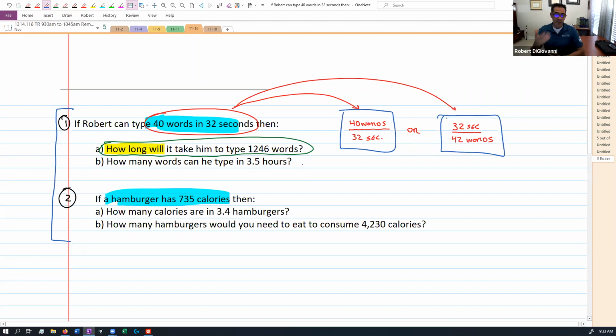Since we're trying to solve for time, we will use the one that has time on the top. All right, if we were trying to solve for the words, like in the second one, how many words, then we would choose the ratio that has words on top. So that's the main idea here. You're given some information, you create two ratios, then you see what you're looking for, and whatever you're looking for, make sure you use the ratio that has that on top.